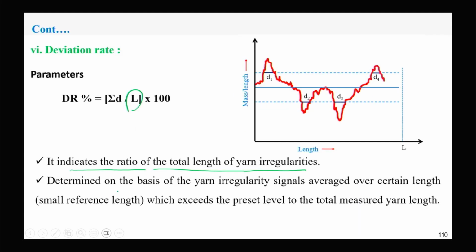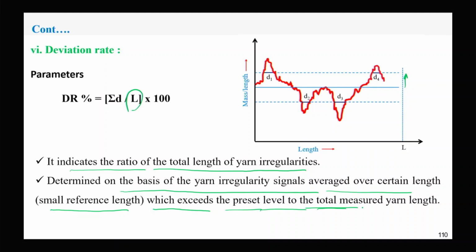It is determined on the basis of the yarn irregularity signal averaged over a certain small reference length, which exceeds the preset level, and to the total measured length.